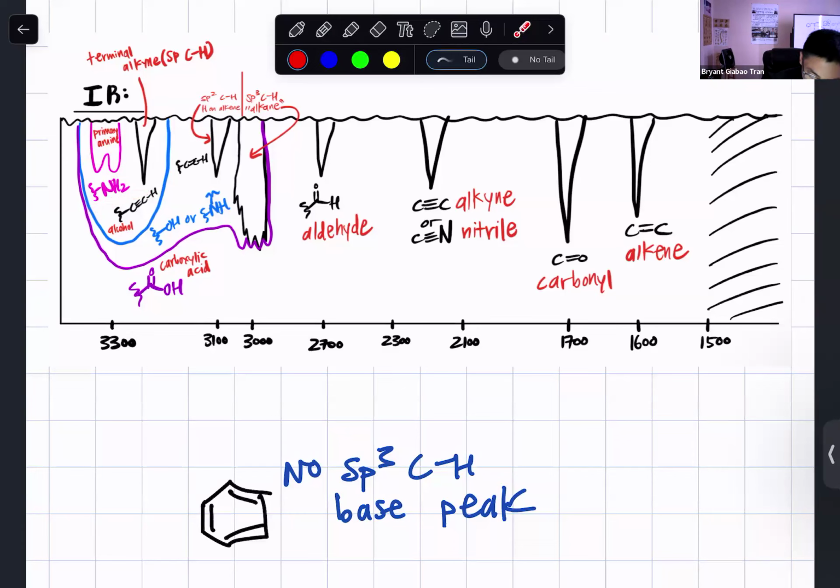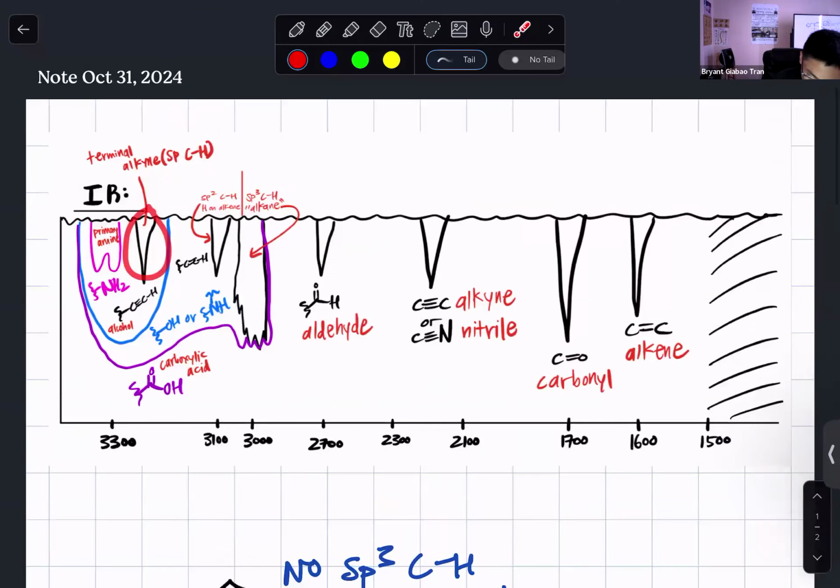If you see a sharp peak at around 3300, then you have a terminal alkyne.